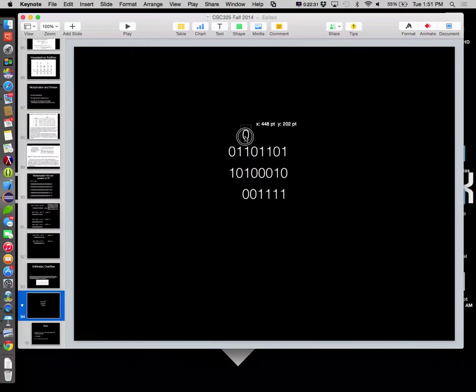Carry the 1. 1 plus 1 is 0. Carry the 1. 1 plus 1 is 0. Carry the 1. Just got a carry bit? True. This has a carry.